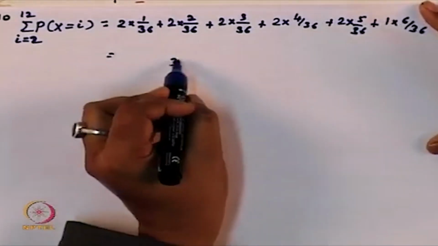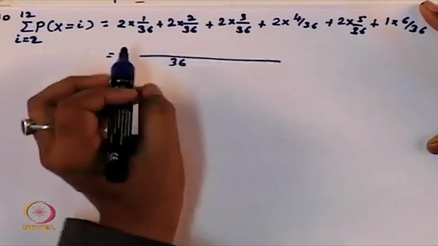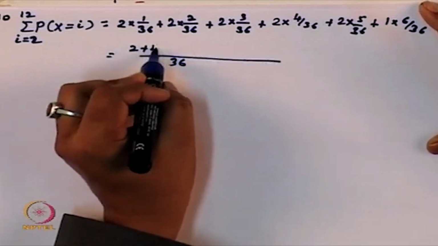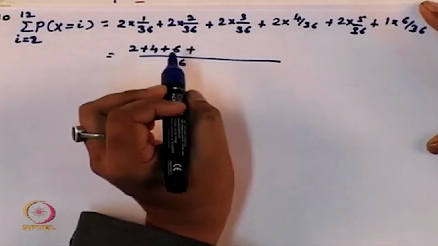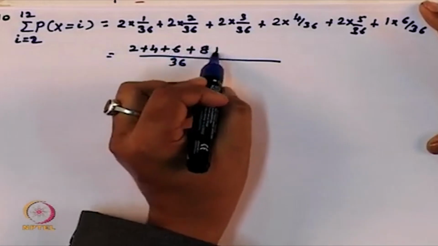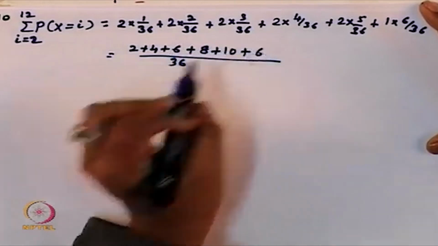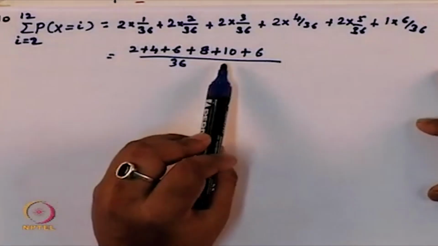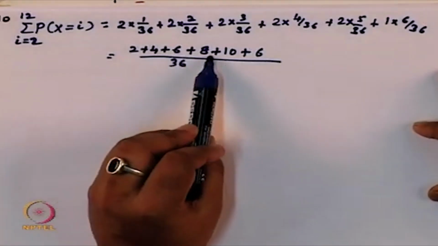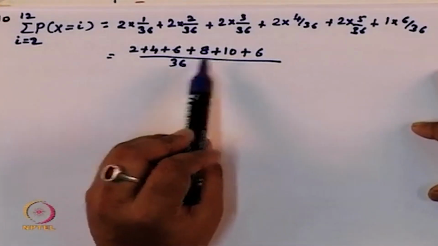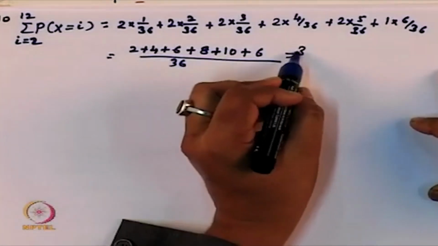If I make the 36 common, I have 2 plus 4 plus 6 plus 8 plus 10 plus 6, which is 36.